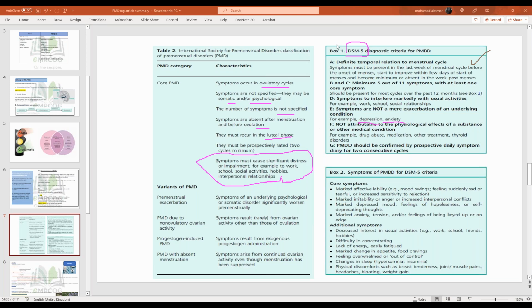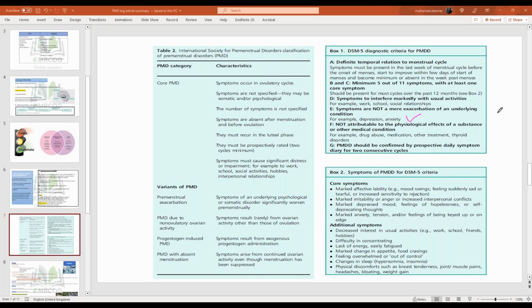Usually those types of patients, if they have a chronic mental problem, will have the problem all the time, not in relation to the period, right? Not attributed to the physiological effect of a substance or other condition: the patient is not a drug abuser, she is not on other medication, or she does not have, for example, an endocrine problem like thyroid dysfunction. Because if the patient, for example, is hyperthyroid, she might be irritable.